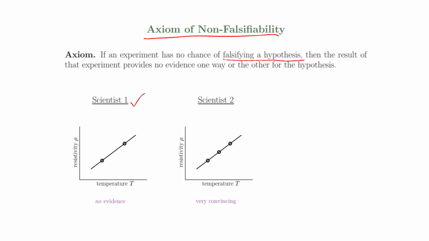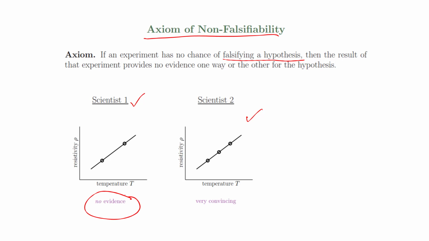For example, for scientist 2 here, there is some way that this can be falsified. If I found 3 points that were not linear, then there was a way of falsifying that there is a linear relationship between resistivity and temperature. But with scientist 1, no way you can falsify a linear hypothesis with 2 points. So basically there is no point doing this experiment.